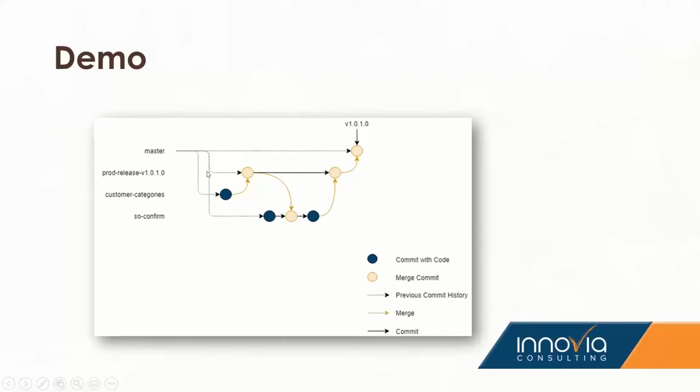Then we're going to create a sales order confirm branch as well. Inside of this branch, we're going to be doing a couple of things. On the sales order confirmation report, we're going to be removing a few header fields.